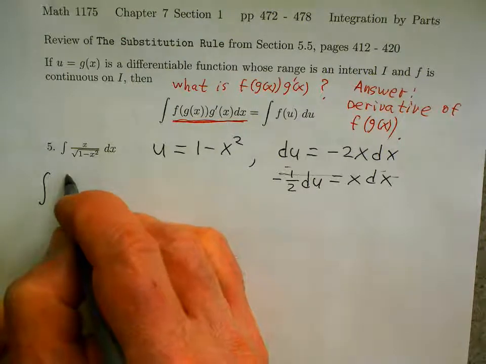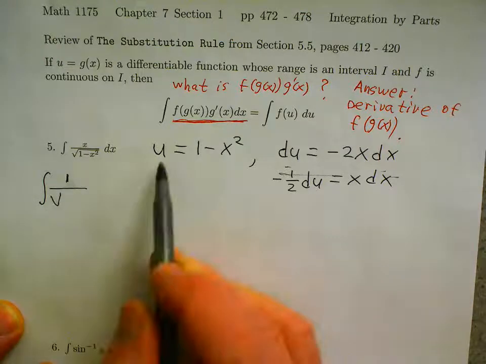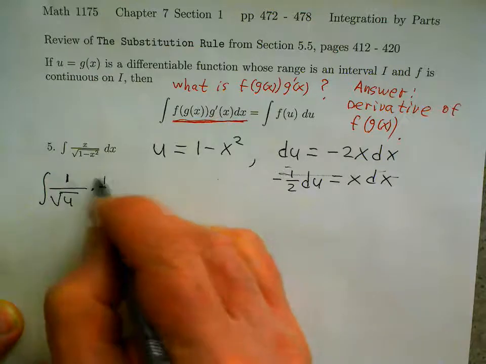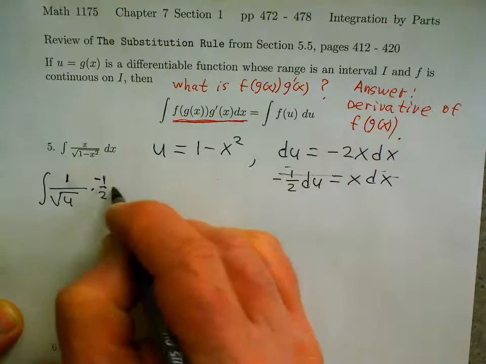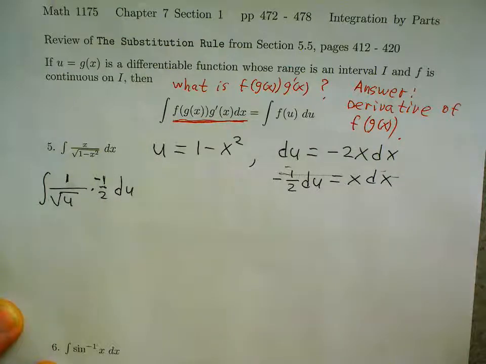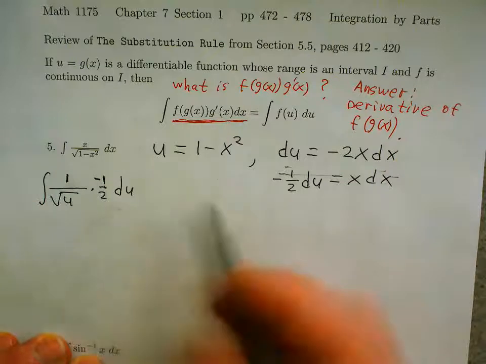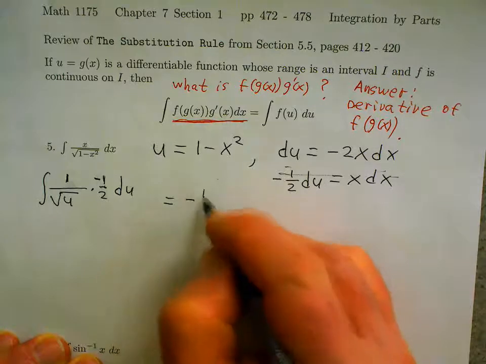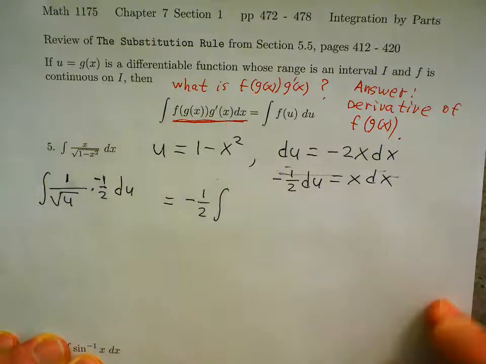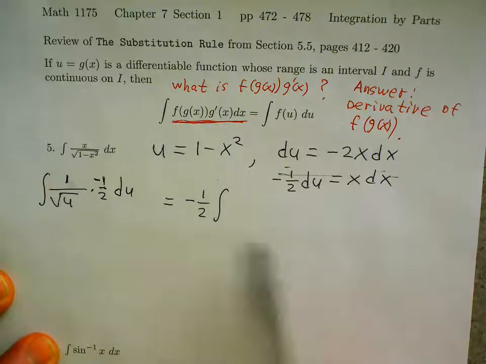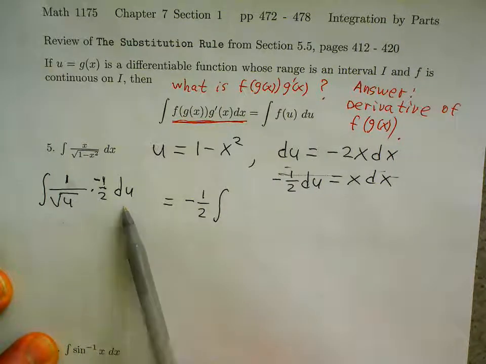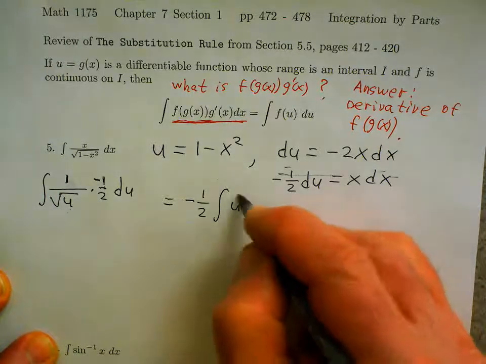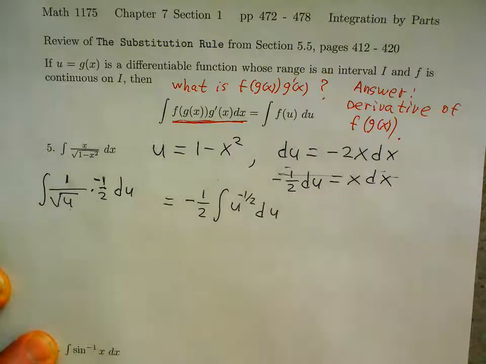So first I'll just write 1 over the square root of u. And then x times dx is negative 1/2 du. A more convenient way to write this is to bring the factor negative 1/2 out front. So it's negative 1/2 times the indefinite integral of 1 over the square root of u du. But I'm going to replace 1 over the square root of u with u to the negative 1/2 and then du.